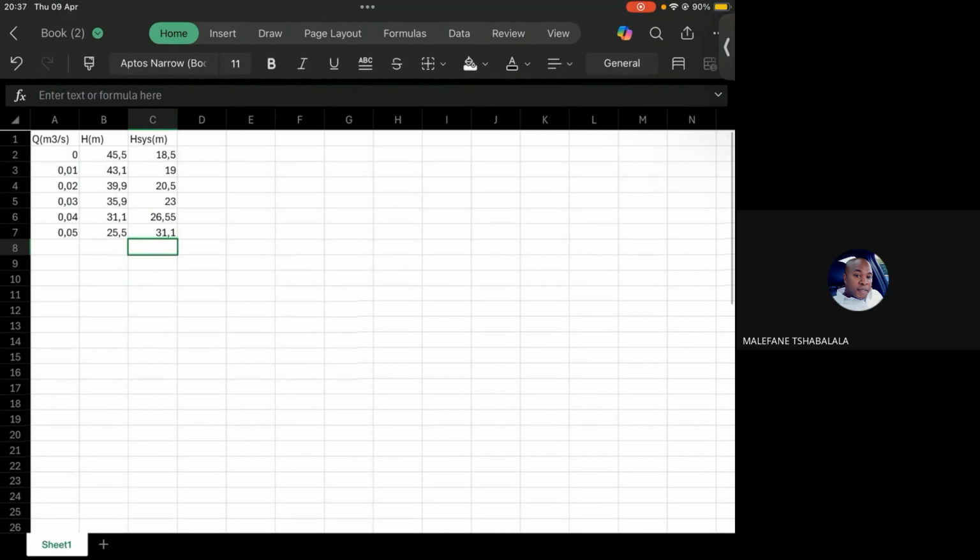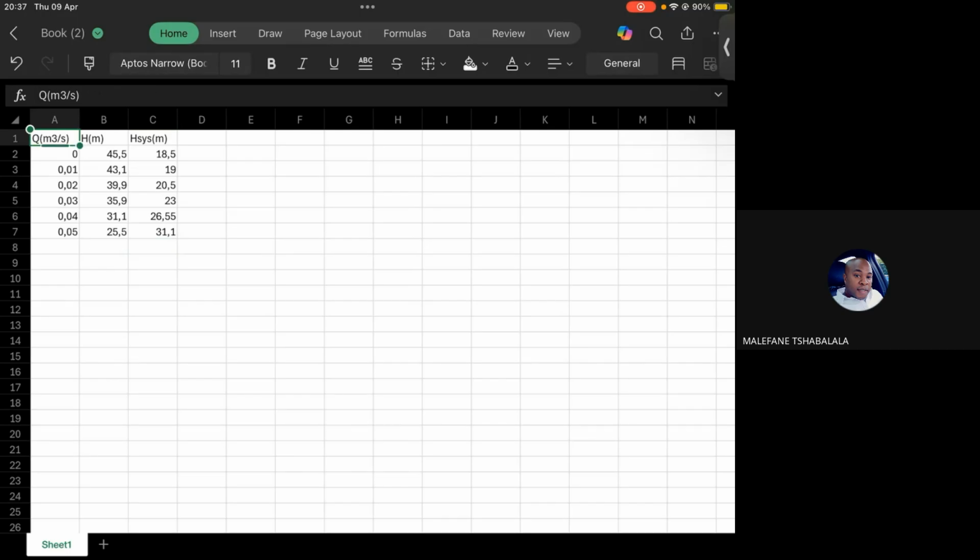Now we have managed to enter all the readings of the volumetric flow rate, head system, and the characteristic curve respectively. From here, to draw our graph, we will have to highlight all this data. Move your cursor to cell A1.